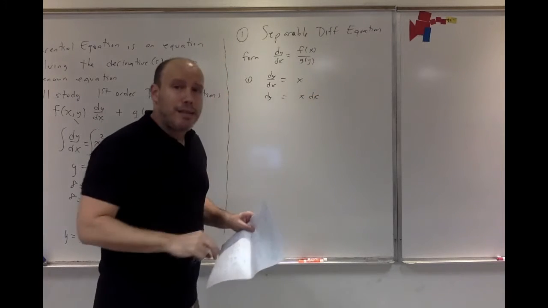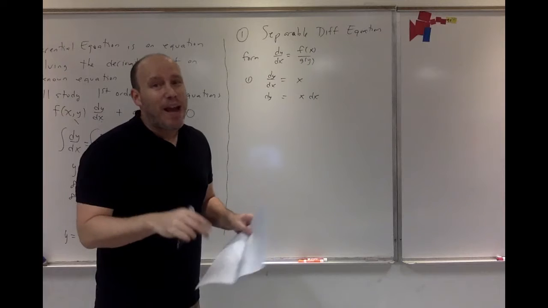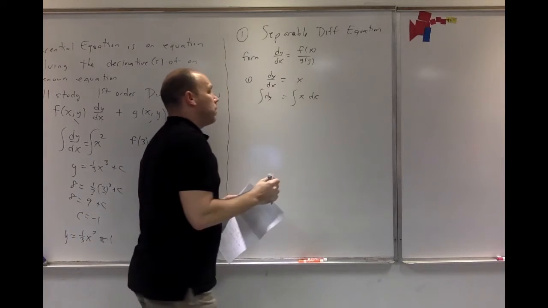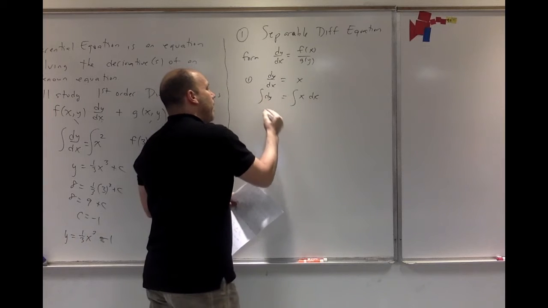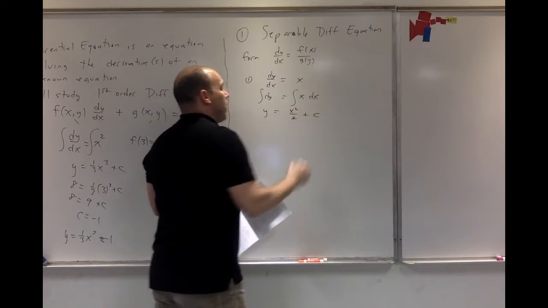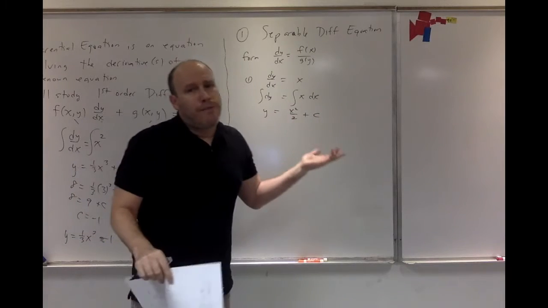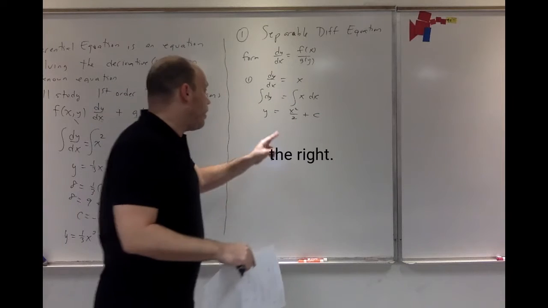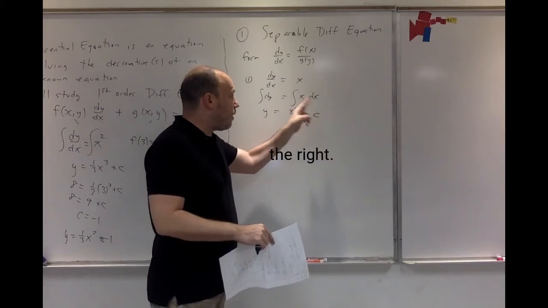Now, next step, how do I undo the differential? Take the integral of both sides, okay? And I have y is equal to x squared over 2 plus c. The problem is going to give you a boundary condition, and you'll find the c. Once again, put the c on the right.